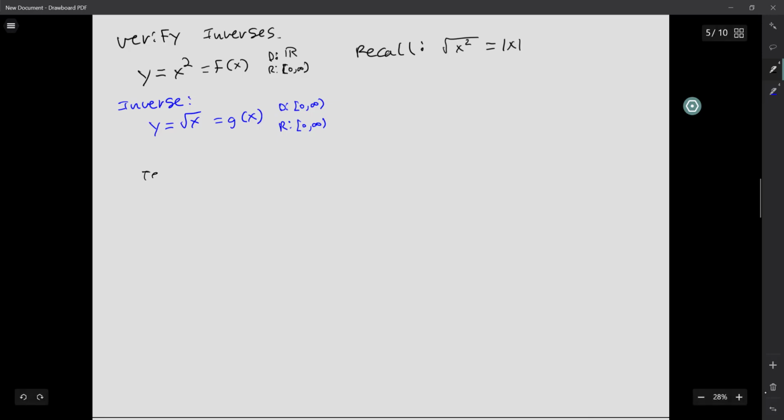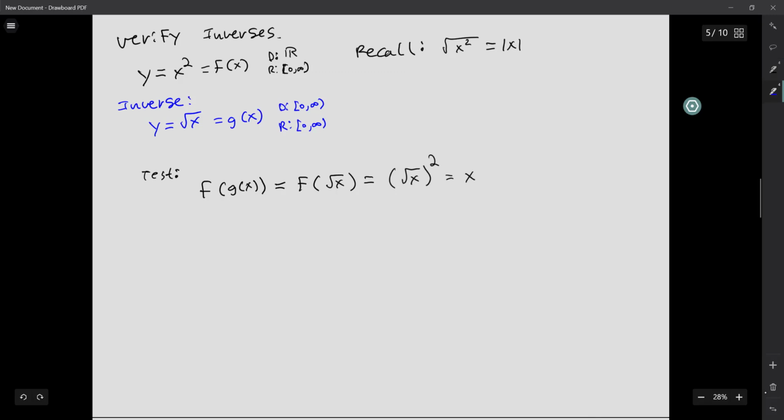If I test this, that means I need to take f of g of x. And what is that? That is going to be f of the square root of x, which is the square root of x squared, and here the square cancels the square root, and I get just x.